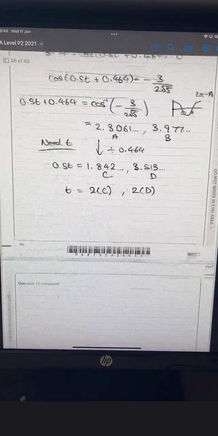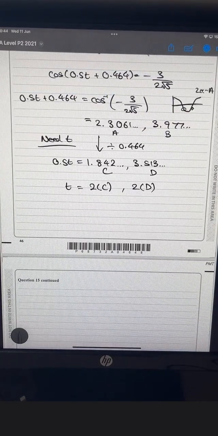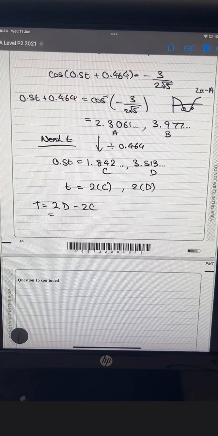So T is going to be equal to 2 lots of D minus 2 lots of C. If you are using Ds and Cs in your exams, I wouldn't do that. I like to put the letters underneath, but here, just put 1.842 and so on. Don't use Cs and Ds all the time, just in case you forget what they are. This helps remind you what the number is. So if I do 2 times 3.513 minus 2 times 1.842, I get 3.34 seconds. And that is my answer right there.